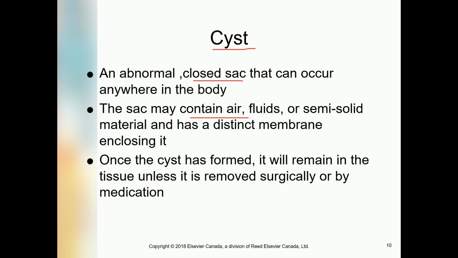It is a little bit different because the cyst, the pimple inside, may contain air, fluid, or semi-solid material and has a distinct membrane enclosing it. Another kind of muscle tissue or a thicker part of another skin layer encloses it, and it is not open. It is inside the skin layer.